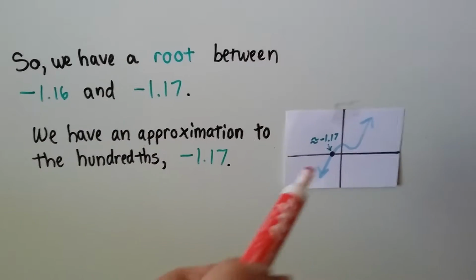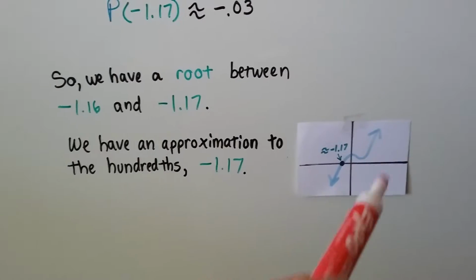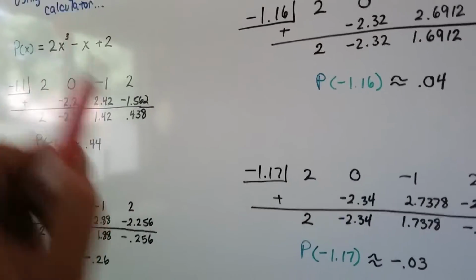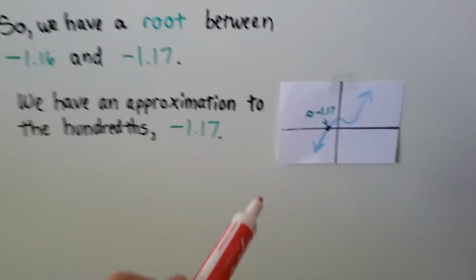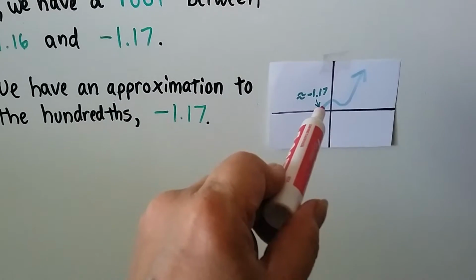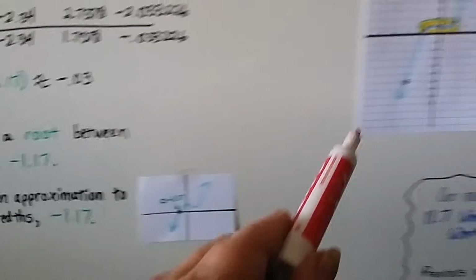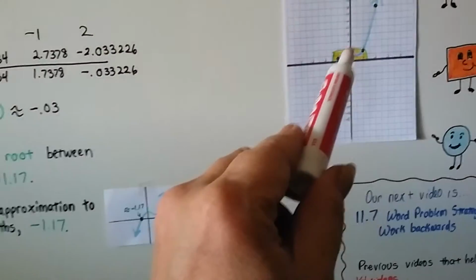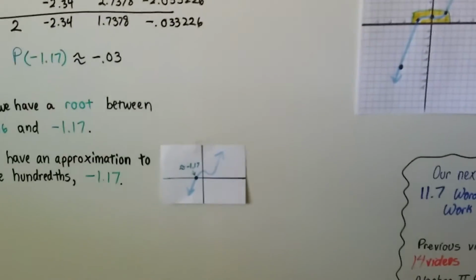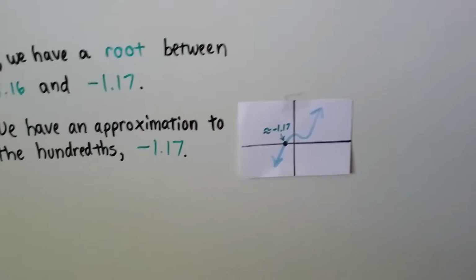And if we graph this, the shape of our graph is going to be approximately like this because it's a cubic, to the third degree, so we have a cubic polynomial function, and it's going to hit the x-axis at approximately negative 1.17. In the last video, the graph looked like this, but we didn't have the details of the yellow area, so we got very precise with tiny numbers, and it would approximately look like that, all right?